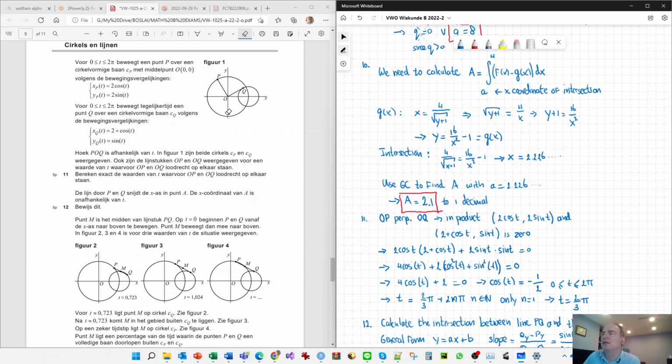And in this figure they show a situation where OP and OQ are perpendicular, and they ask for which t they are perpendicular.